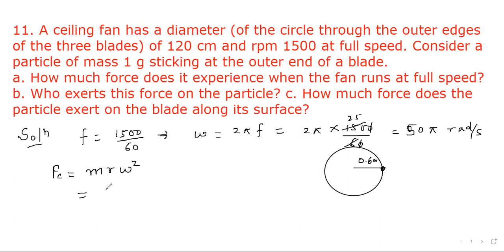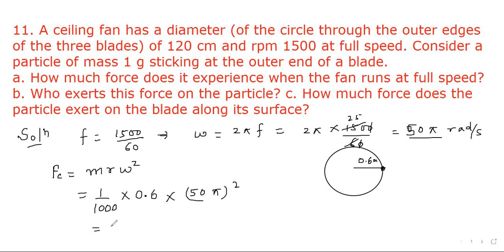In our question, mass is given as 100 grams, so 0. Sorry, mass is 1 gram. So this will be equal to 1 upon 1000 times the radius is 0.6 meter times angular speed is 50 pi, so 50 pi square.